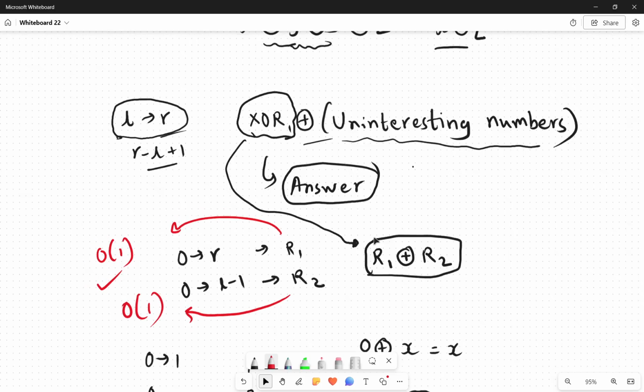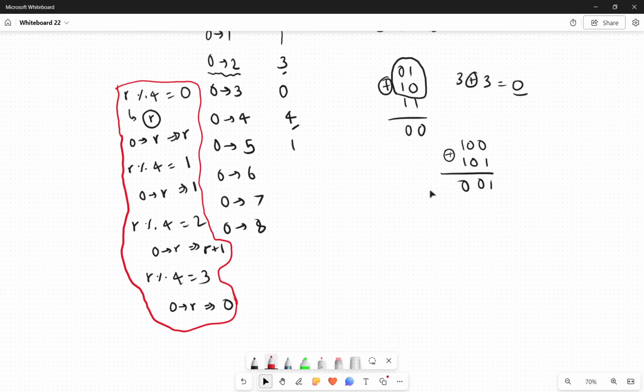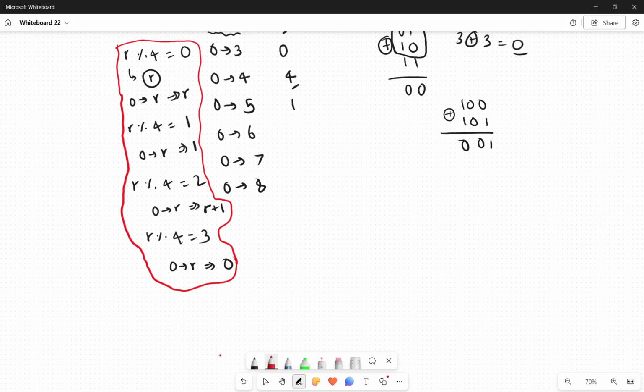Okay, so what I need now is the XOR of all the uninteresting numbers. Another way I can model this question is, suppose I define my function f of r. f of r is the answer when left limit is 0.